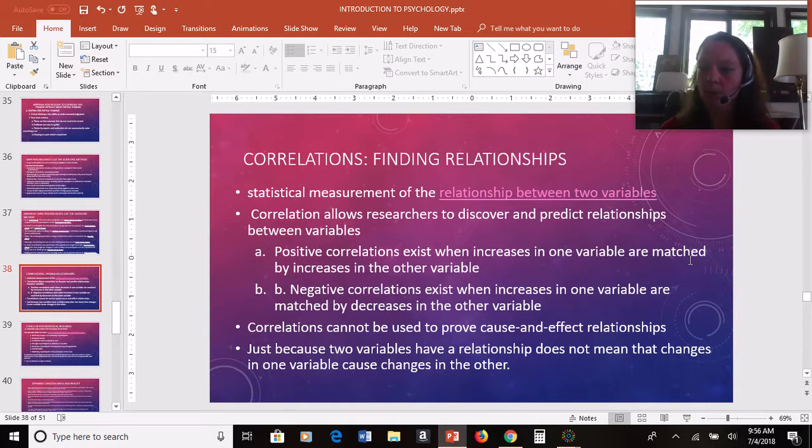So here's a more simple way to say it. Does having more friends cause somebody to be happier as opposed to somebody who has no friends? We would correlate that and say that they are less happy in life. And so we would do our correlation, and that would be how we would graph it.